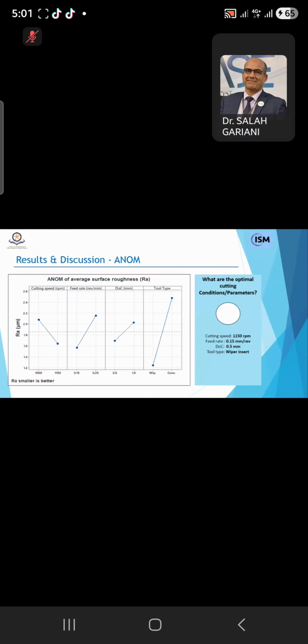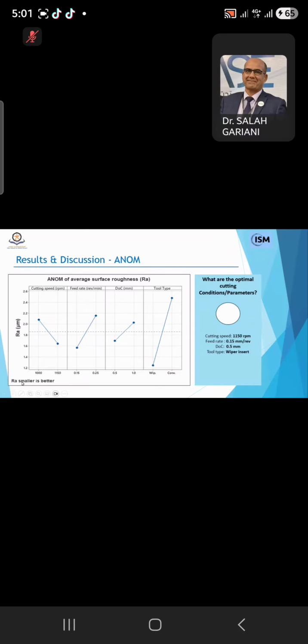And here, the analysis of means diagram clearly shows that the optimal cutting condition can be obtained at 1150, since smaller is better for surface roughness.